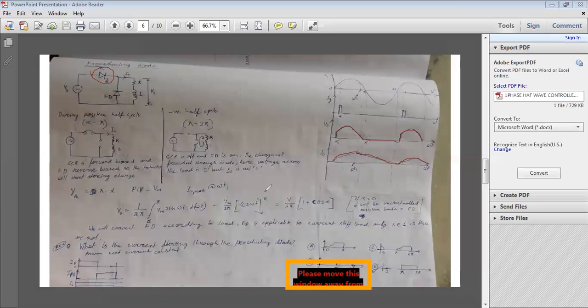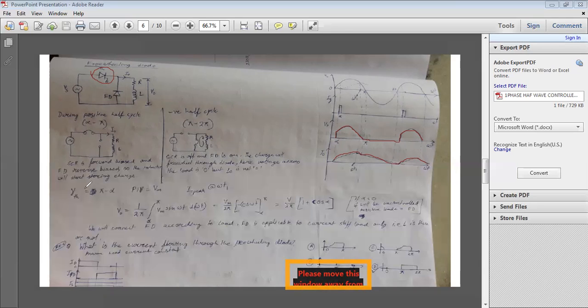Again in this equation, if you put alpha equal to 0, you will get the uncontrolled diode conduction with RL load with freewheeling diode. So we are getting the thyristor equations, and the thyristor is useful as we are getting controlled conduction of the current through the device.